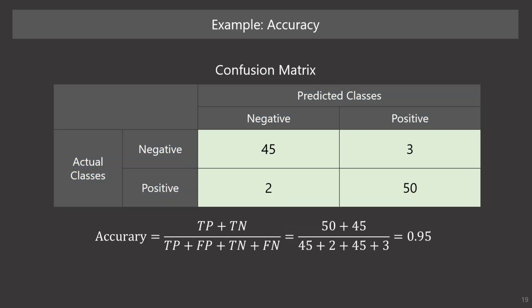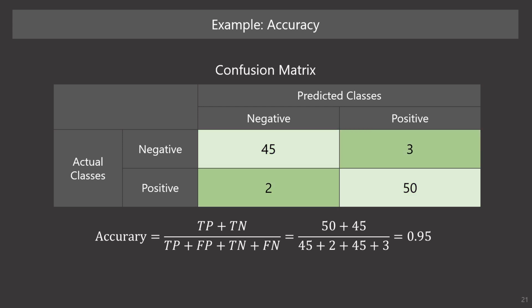Let's look at an example. This confusion matrix expresses the result of a binary classification problem. The number of total observations is 100. 50 of them are true positives, and 45 are true negatives.